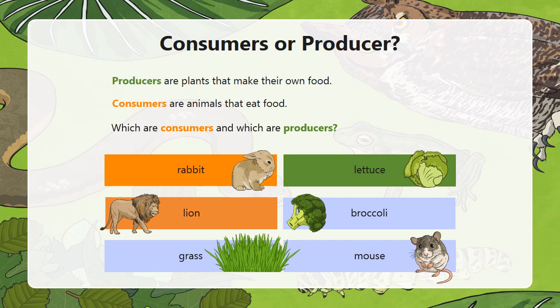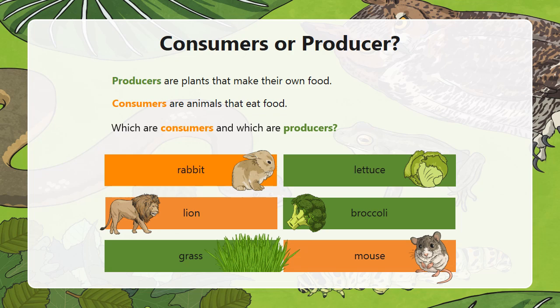Lion, consumer, as it is consuming plants or any other animal to eat. Broccoli, a producer. Grass, producer. And a mouse, it's a consumer.